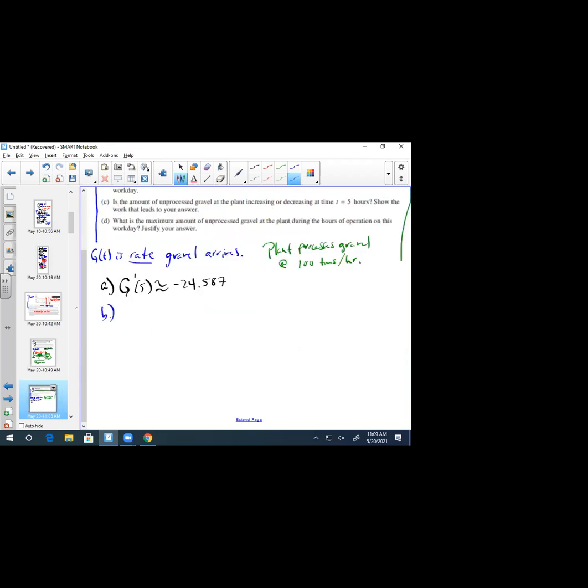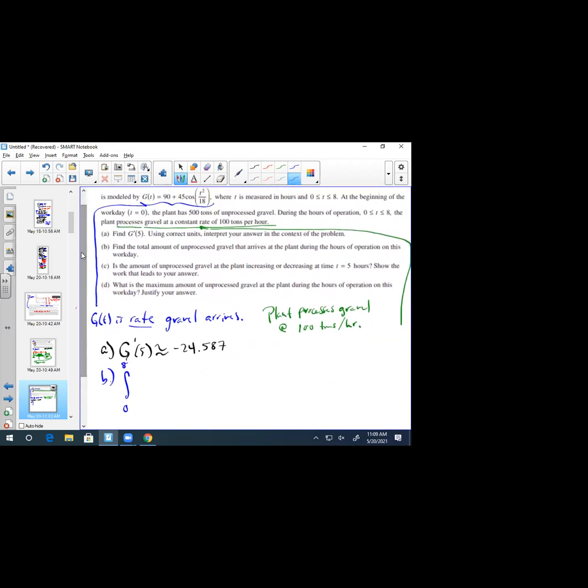That's easy. It's just the integral from 0 to 8 of G of t dt, since G of t is the rate at which it comes in, which is approximately equal to about 825.551 tons when you just plug that in.